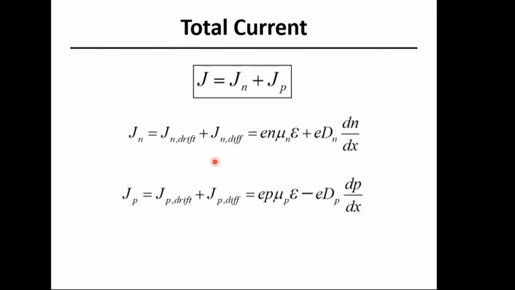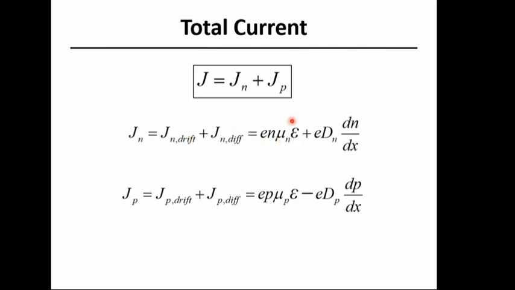Okay, now in here, we're going back to the drift current and the diffusion current. We're saying that the total current is the sum of the currents due to holes and due to electrons, or Jn plus Jp, electrons plus holes. So Jn, so far, we have contributed to the drift plus the diffusion only.